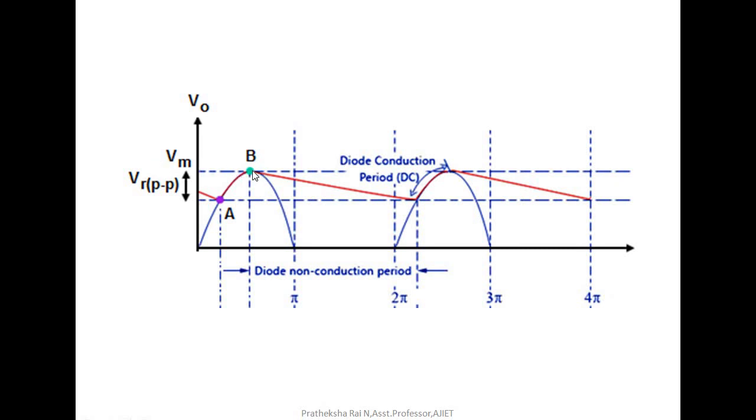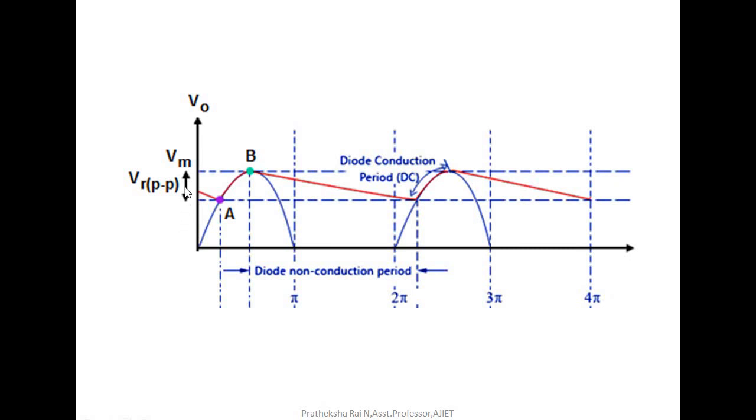Then the transformer secondary voltage reverses, so the diode is reverse biased. The diode is in the off state and the capacitor starts discharging, and if you observe here, students, the discharge is very slow. It will be slowly discharging, and then when the diode starts to conduct again, the capacitor charges again. This value is called VR peak to peak.